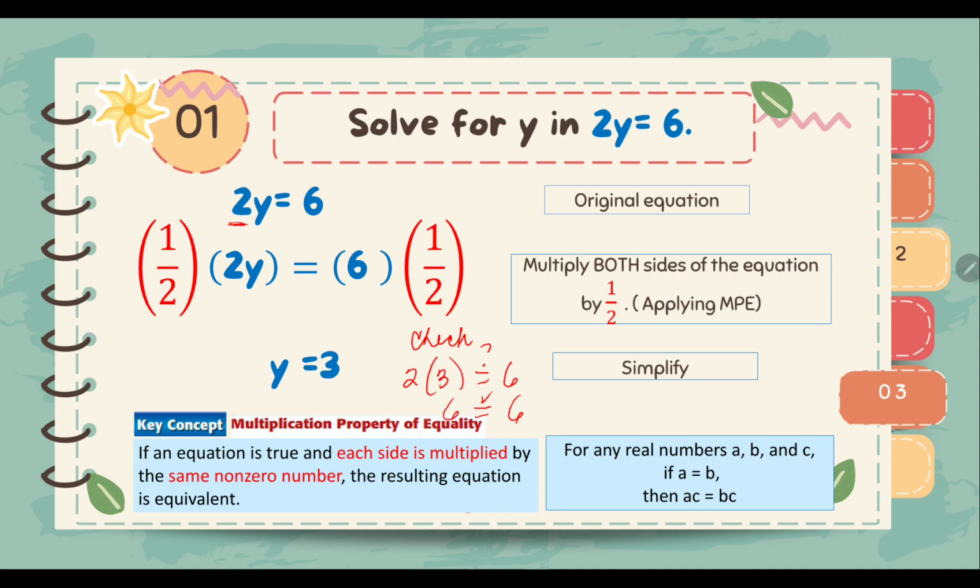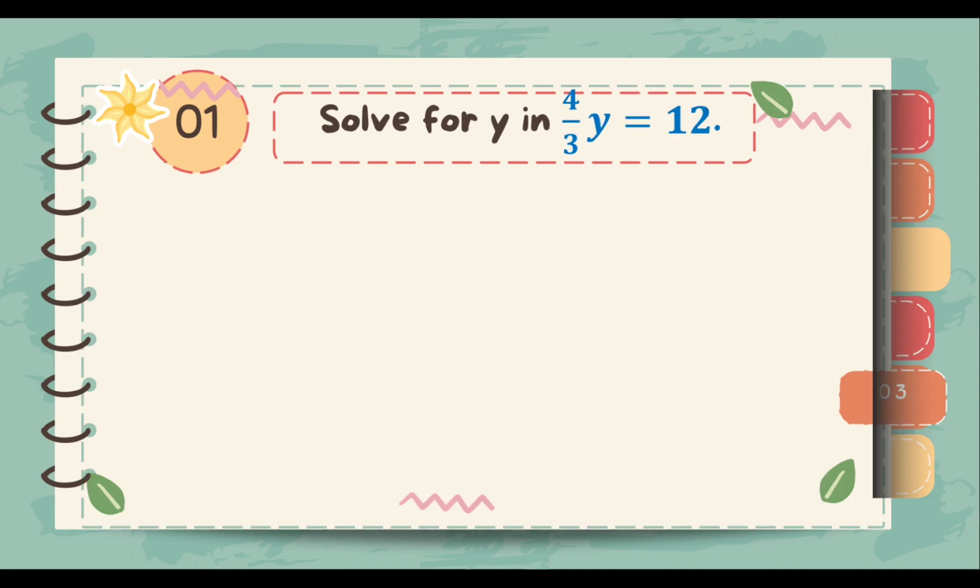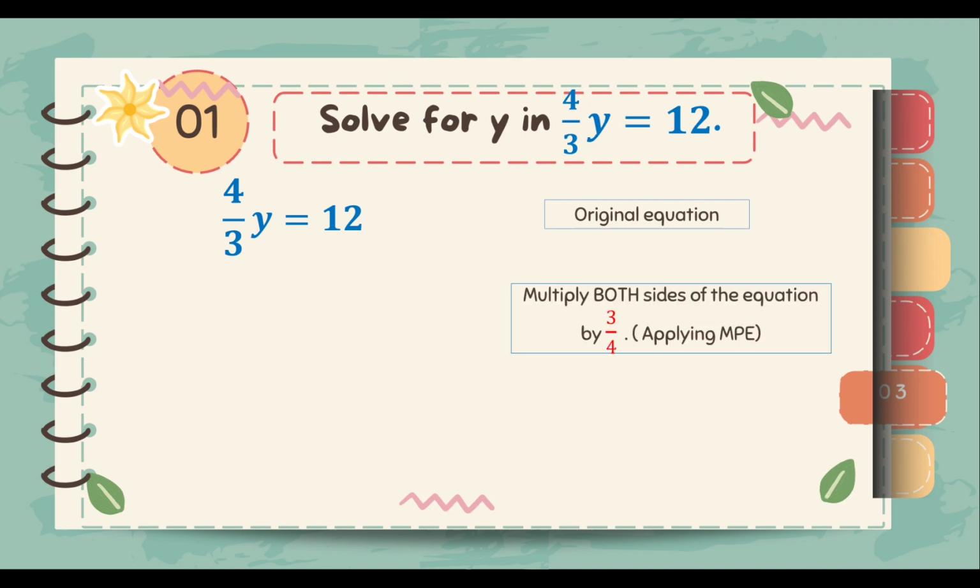So good. Another example. Solve for y in 4/3 times y is equal to 12. Again, the original equation, 4/3 y is equal to 12. Then, we multiply both sides of the equation by the same number, or we apply the multiplication property of equality.